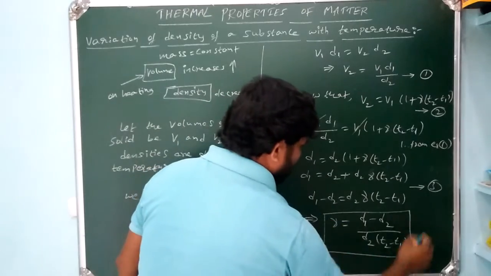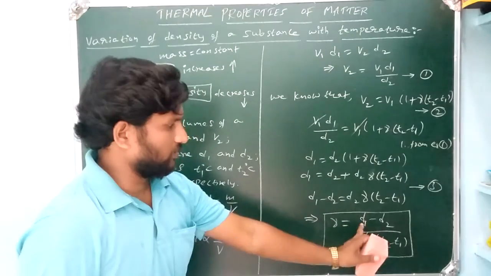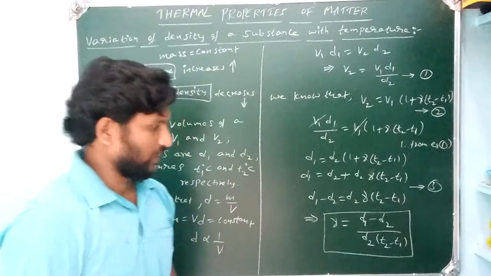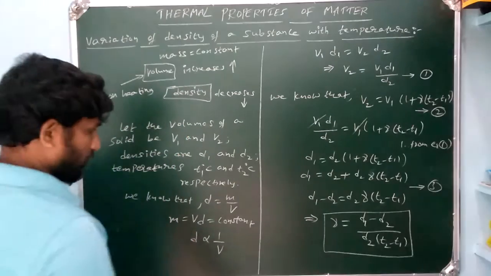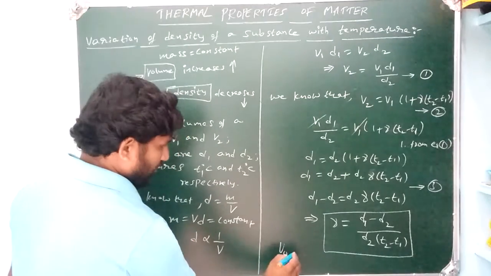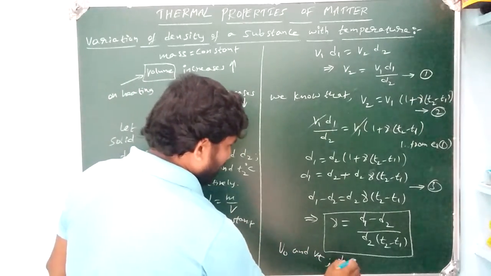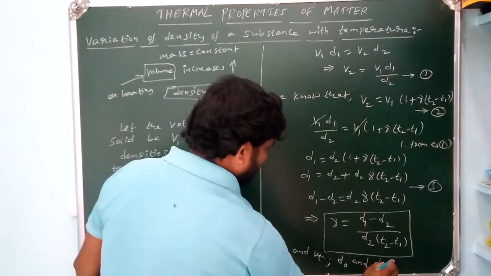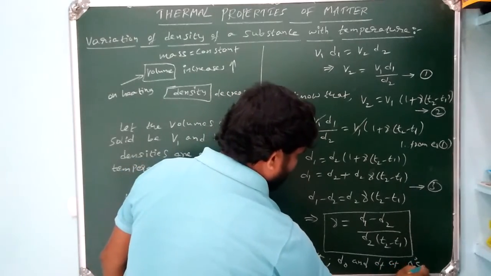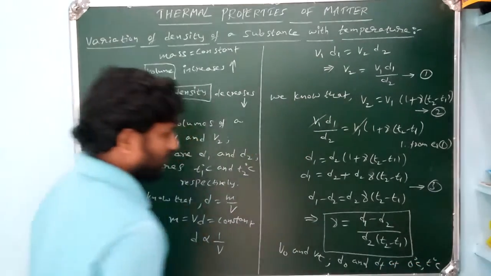Here the density varies with the temperature. Now let the volumes be V0 and Vt, and the densities be D0 and Dt, at temperatures 0 degree centigrade and T degree centigrade.